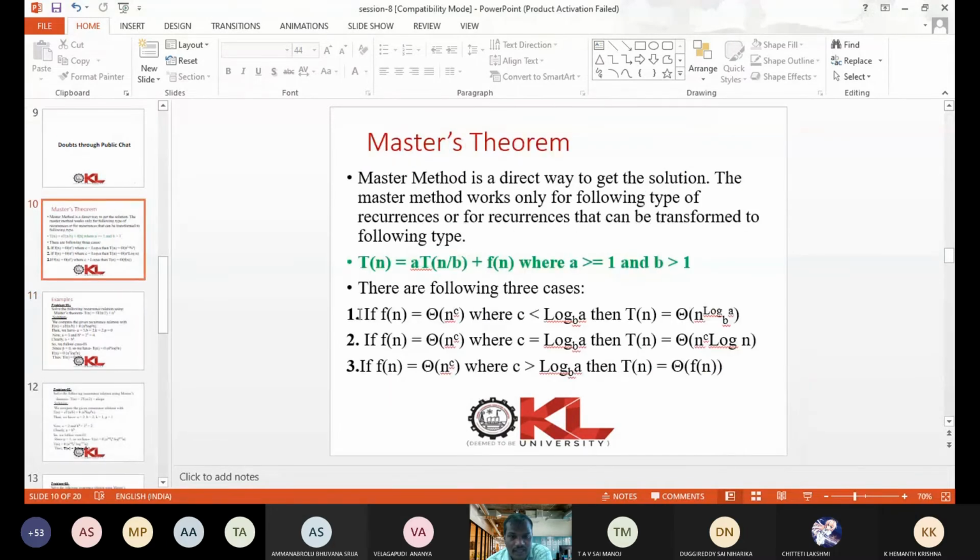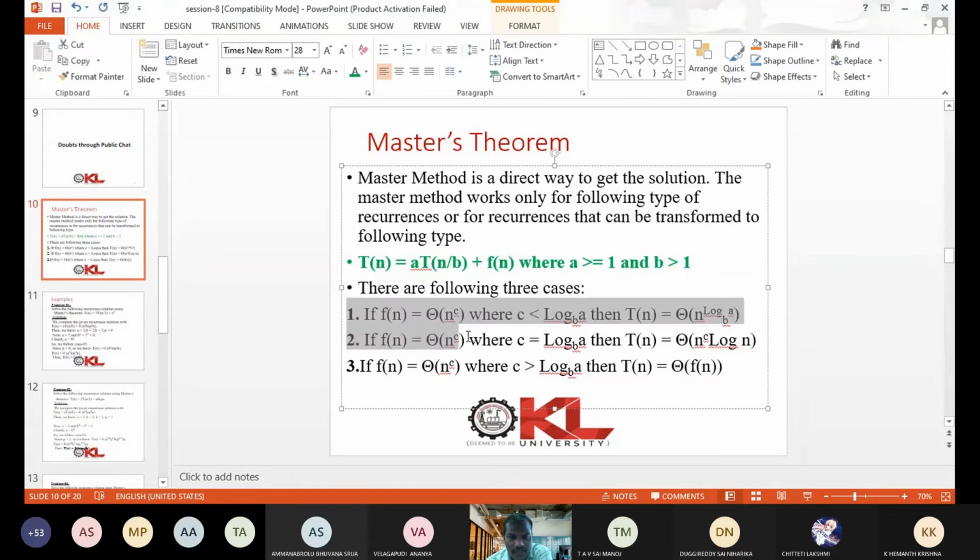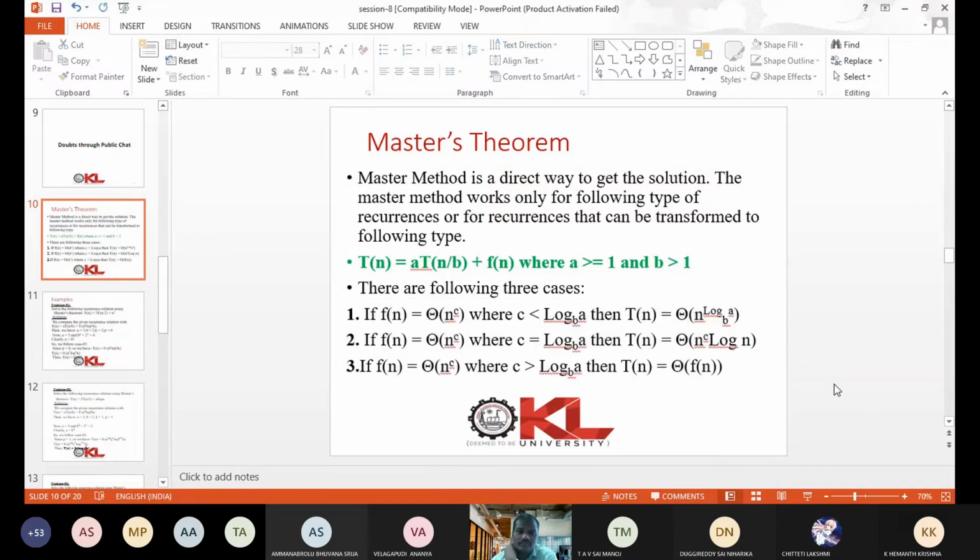So all of you note down these three first. One is c less than log a to the base b, c is log a to the base b, c greater than log a to the base b.